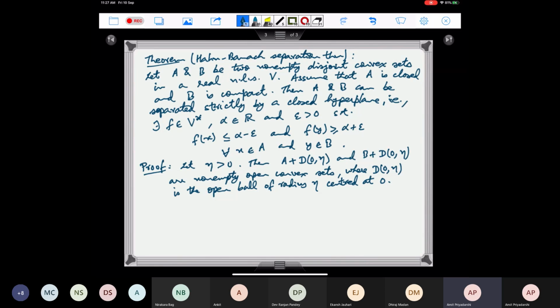Is it clear? Because A and B are non-empty, these sets are also non-empty.